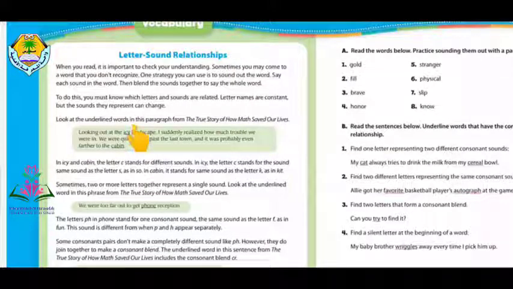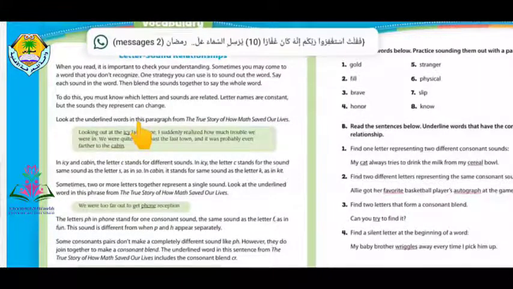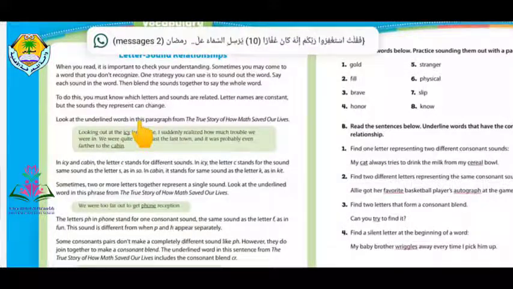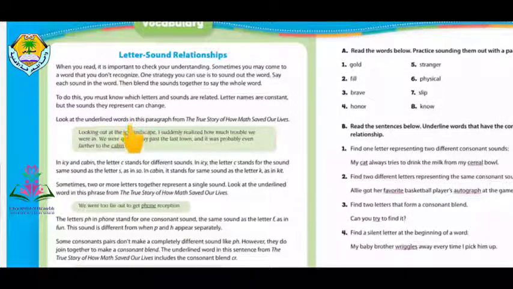For example, letter C is sometimes pronounced as K sound, like cat and call, and sometimes it's pronounced like Sa, like city. All right? So you have to know how this letter is pronounced in different places in a word.